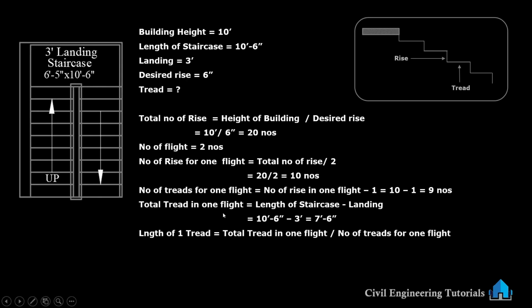Total tread in one flight 7 feet 6 inch. So 7 feet 6 inch divided by 9, we are getting 10 inch. So 10 inch is length of one tread. So this tread is 10 inch. Desired rise 6 inch, we have assumed this. Usually we take tread 10 inch.